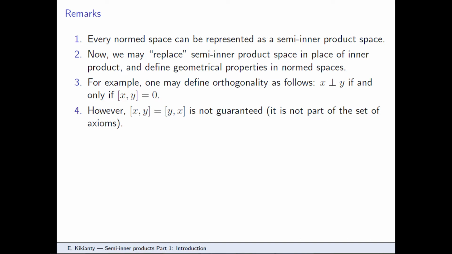So the idea is, okay, now we can replace everywhere you see inner product. Let's try to replace it with semi-inner product, right? So for example, for orthogonality, you usually have x orthogonal to y if and only if their inner product is 0. Now you just replace it with semi-inner product. But be careful. Why? This is not necessarily guaranteed, right? So you can't say two things are orthogonal.